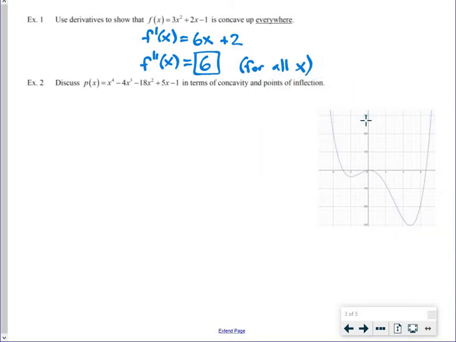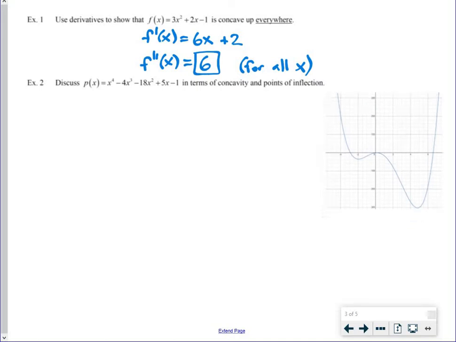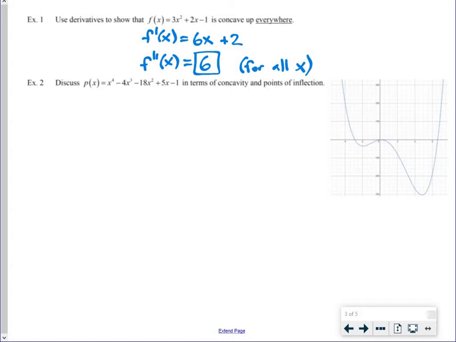All right, P of x. So if we did this one, I've already kind of graphed it here, as you can see. But let's take the first derivative of that. So that should be 4x cubed minus 12x squared minus 36x plus 5.